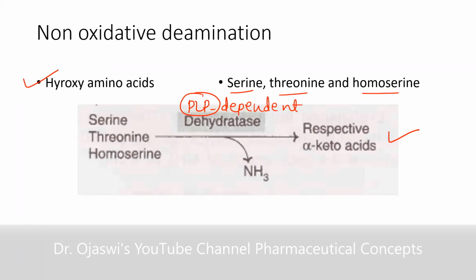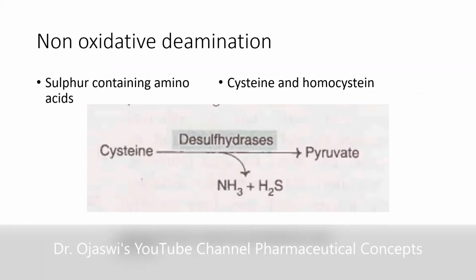Another example is sulfur containing amino acids, for example cysteine and homocysteine, which undergo deamination coupled with desulfhydration to give keto acids.